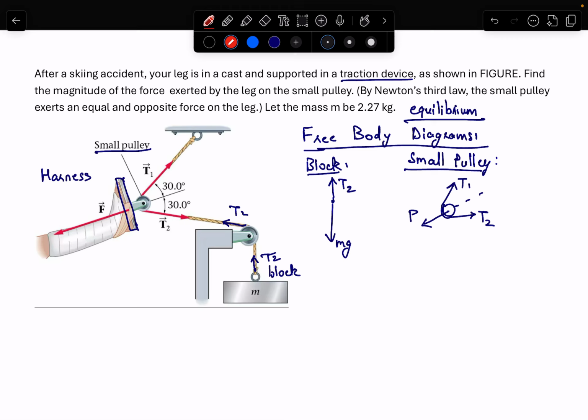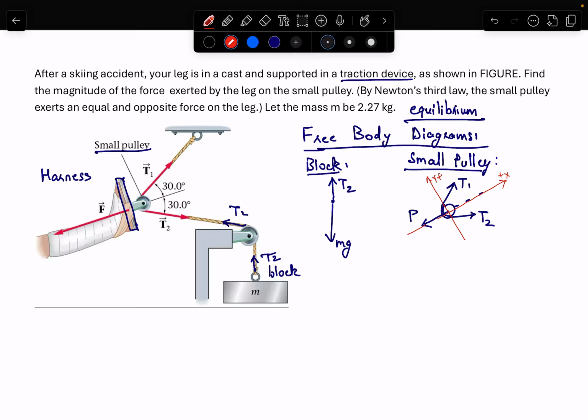Because there are multiple forces in different directions here, I will define my x and my y axis. So this is my plus x, this is my plus y, right? I should maybe put it in the same figure. So that is my plus x, and that is my plus y.